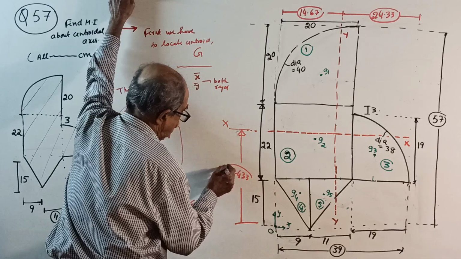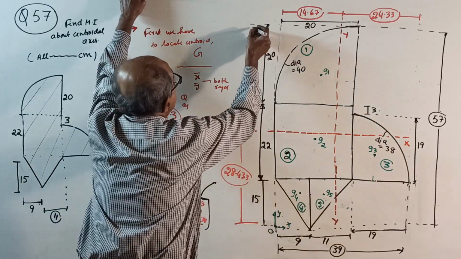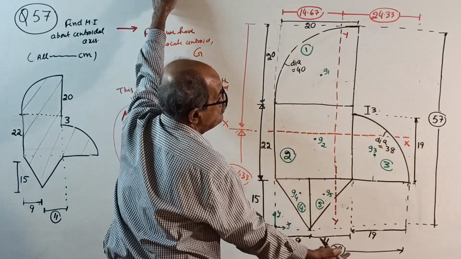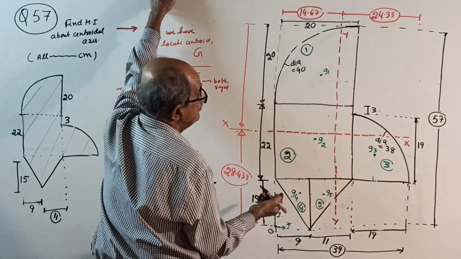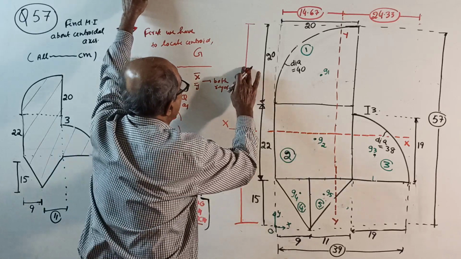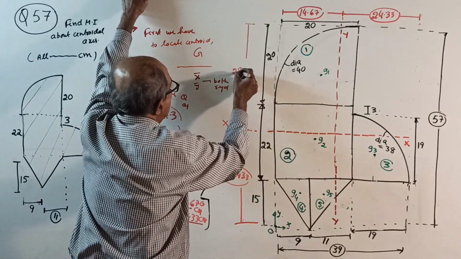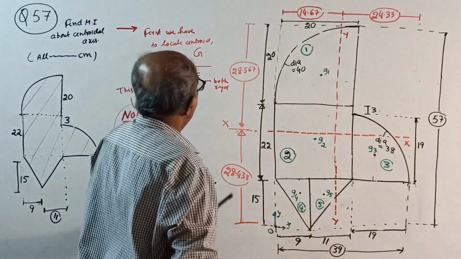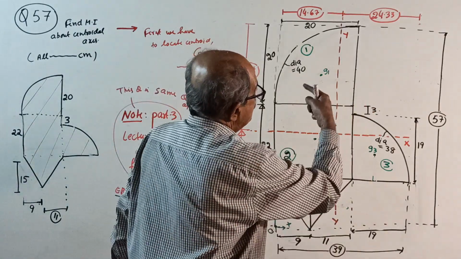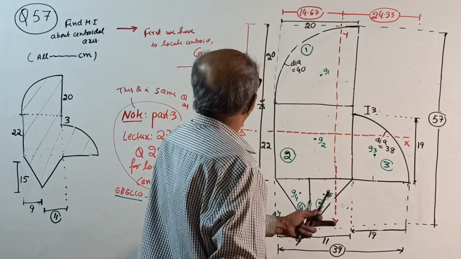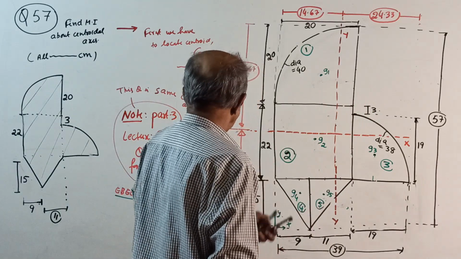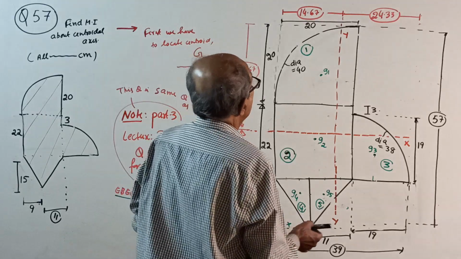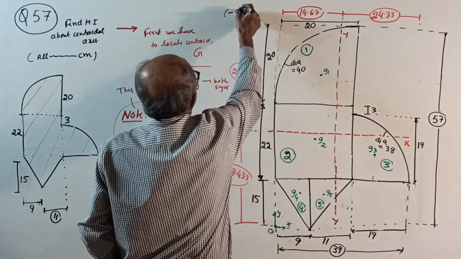From the topmost edge up to here will be total 57 minus 28.433, which is 28.567. This is y bar 28.433, 24.33, 14.67 and 28.567. Correct. All dimensions are in centimeter.